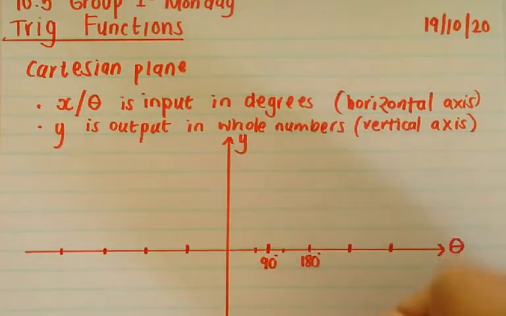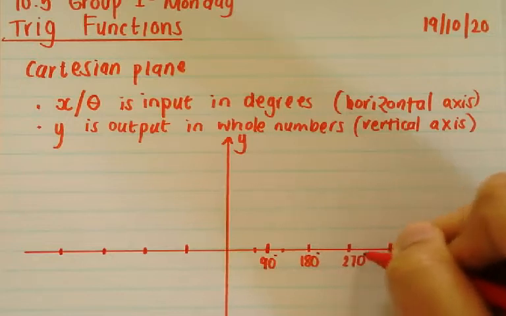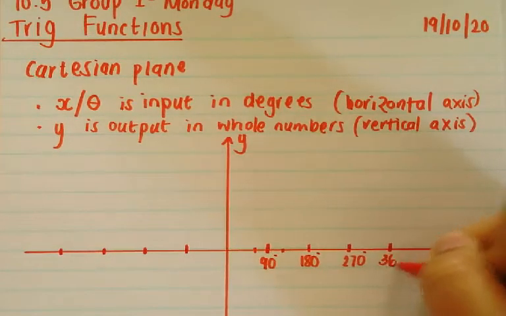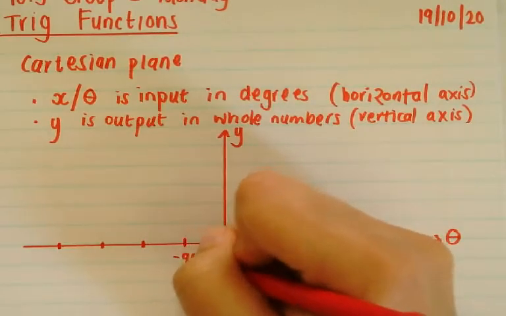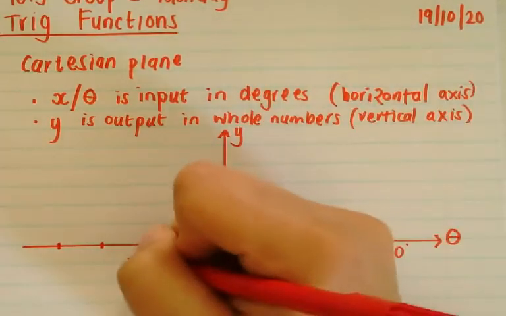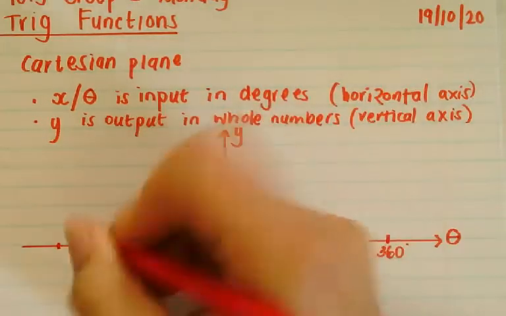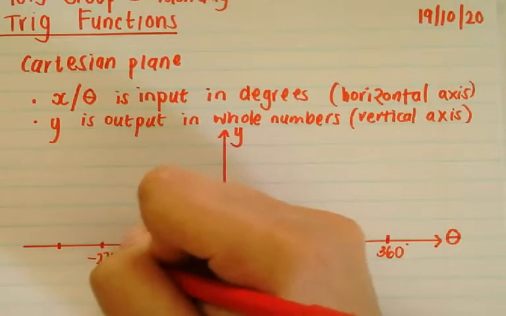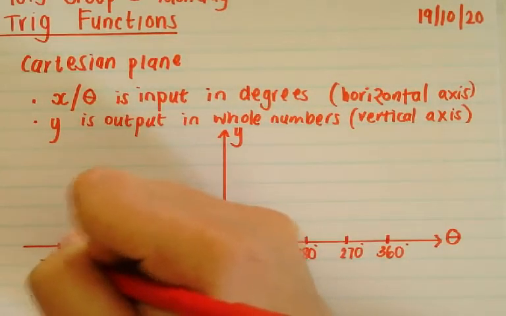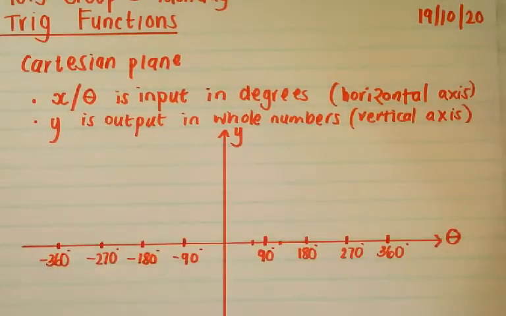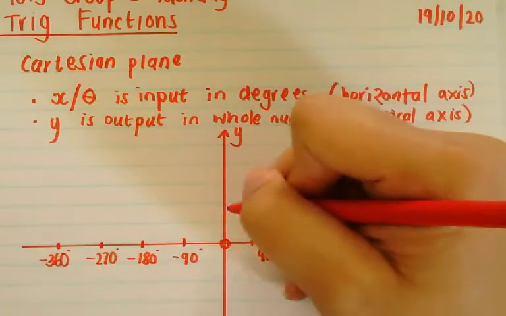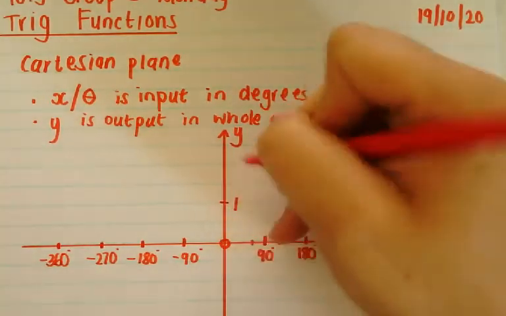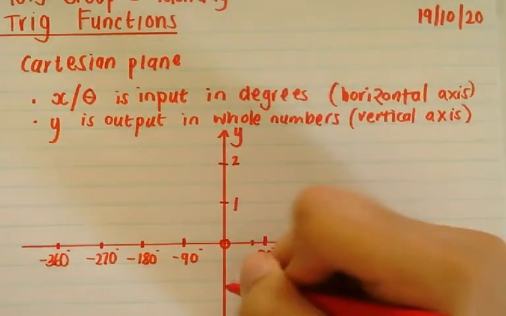180 degrees, 270 degrees, and 360 degrees, which means it would be negative 90 degrees, negative 180 degrees, and negative 270 degrees, and negative 360 degrees. And at the origin it would be 0 degrees, and I'm going to just go 2 lines for 1 and then 2.